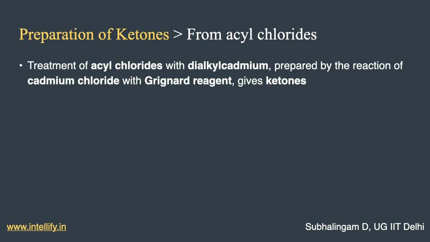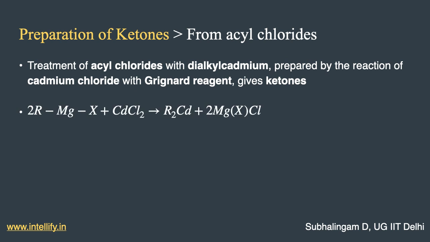Now we are going to prepare ketones. First, from acyl chlorides. Treatment of acyl chloride with dialkyl cadmium prepared by reaction of cadmium chloride with Grignard reagent gives ketones. So first we will see how to prepare this dialkyl cadmium. We take Grignard reagent, that is RMgX, and treat it with CdCl2.